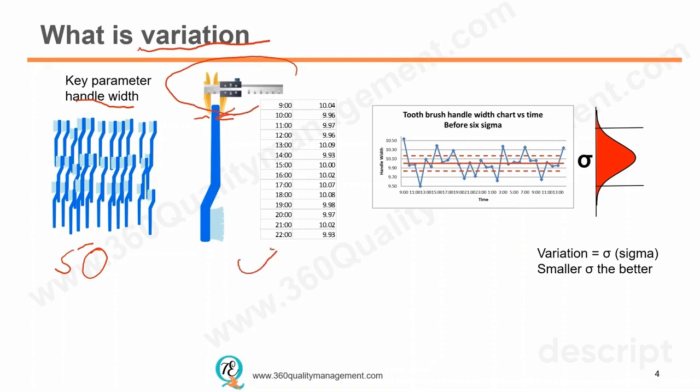Then the data is collected against time and the width. Those data are plotted into a chart where the y-axis is the toothbrush width and the x-axis is the time. And we can see that as time goes by, the process is not very stable. It's like up and down.